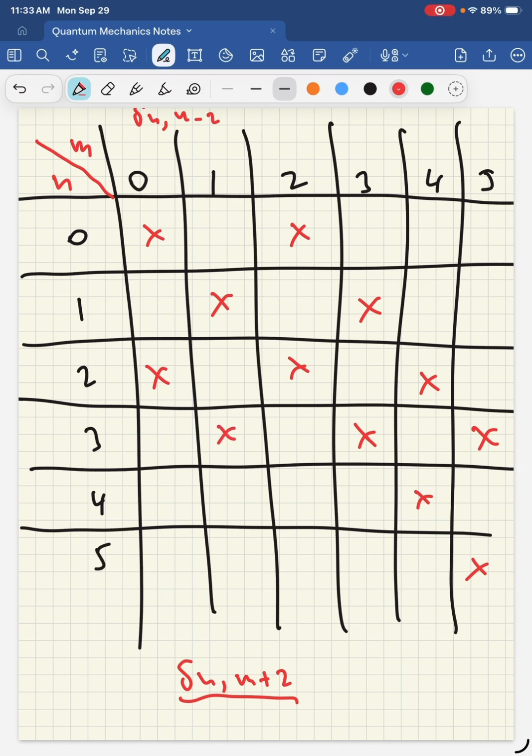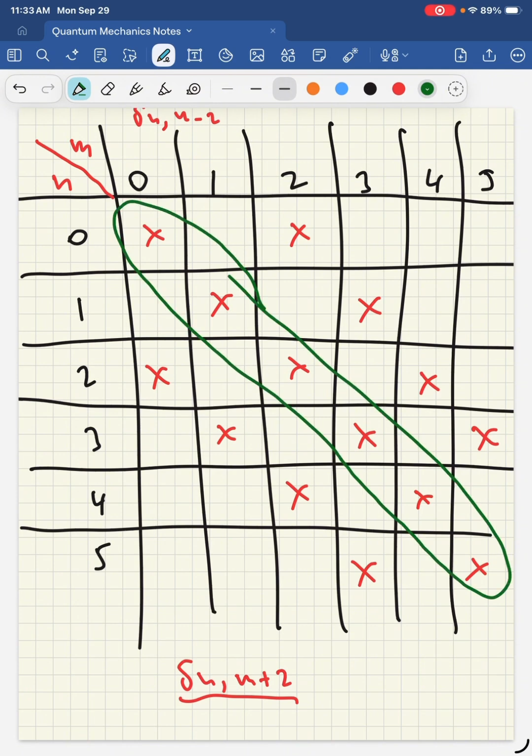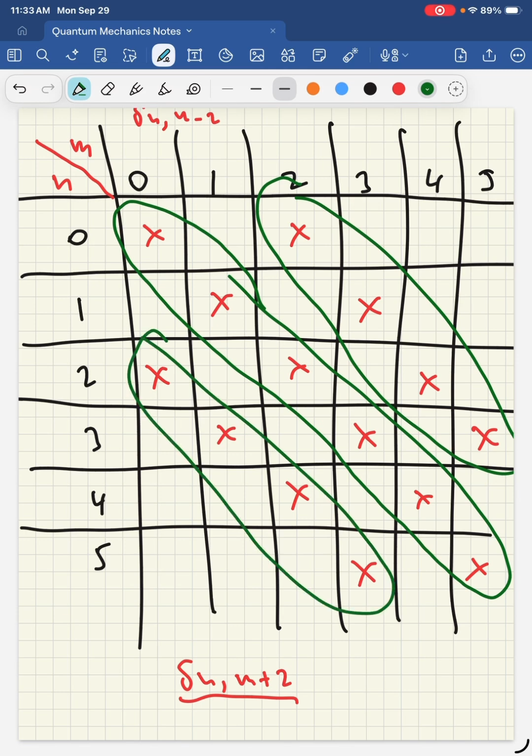Yes, so 1 plus 2 is 3. So M is 1 plus 2 is 3. So that's not 0, that's not 0, and that's not 0 either. Okay, so I hope this is not confusing, but these elements and these elements and these elements are the only ones that are not 0 in the harmonic oscillator basis for the kinetic energy operator.